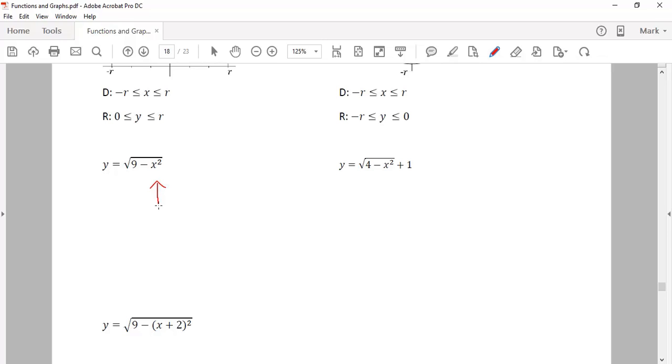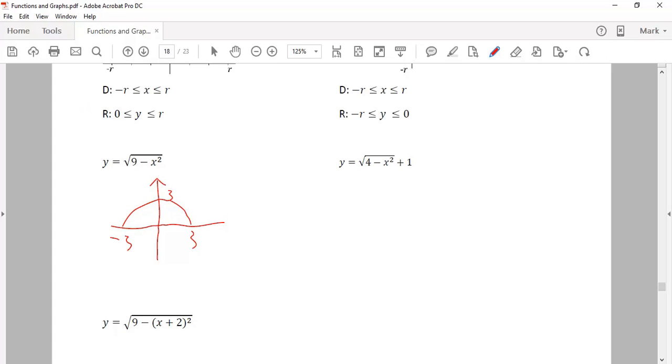So this is just a basic centered one. It just goes out 3. So we know domain is between negative 3 and 3. And we can see that the range is going to be between 0 and 3.